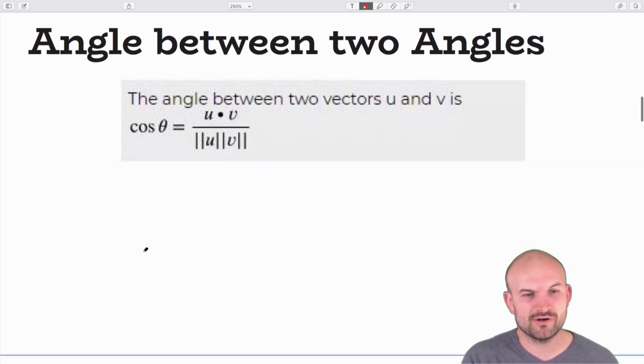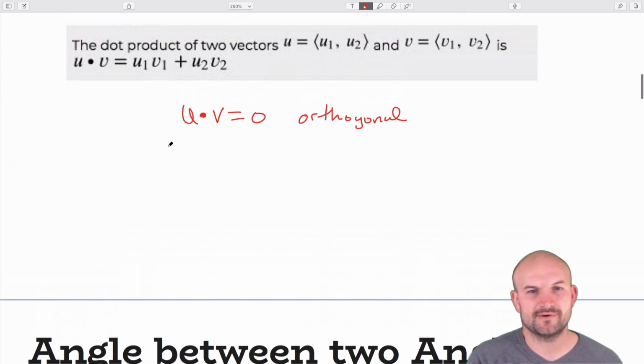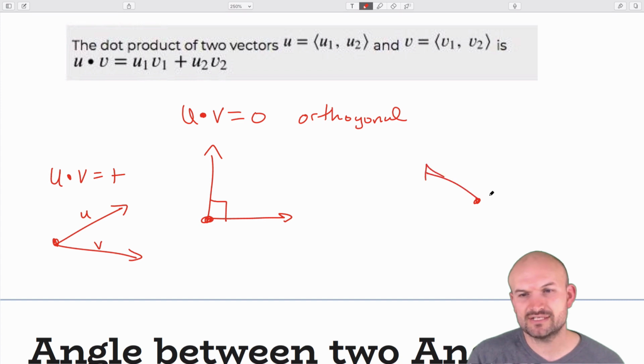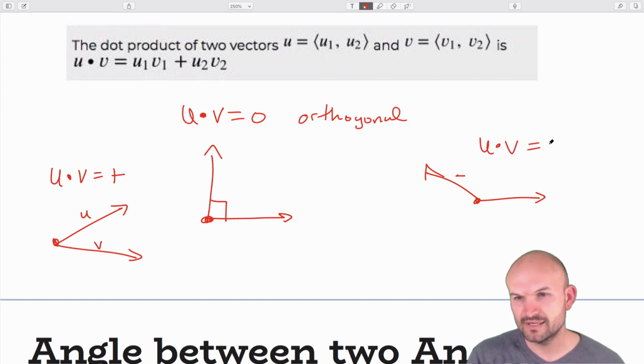Again, going back through here, let me do this up here. Remember, orthogonal is if they're at right angles. If u dot v is positive, then we have two vectors in the same direction. And if I have them in opposite directions, not necessarily exact opposite directions, then u dot v would be negative.